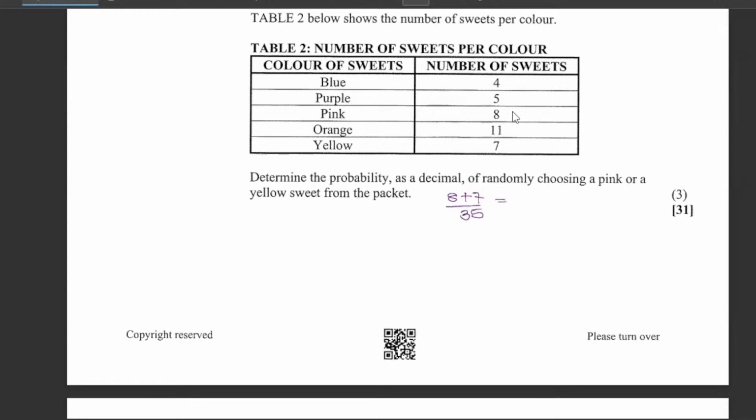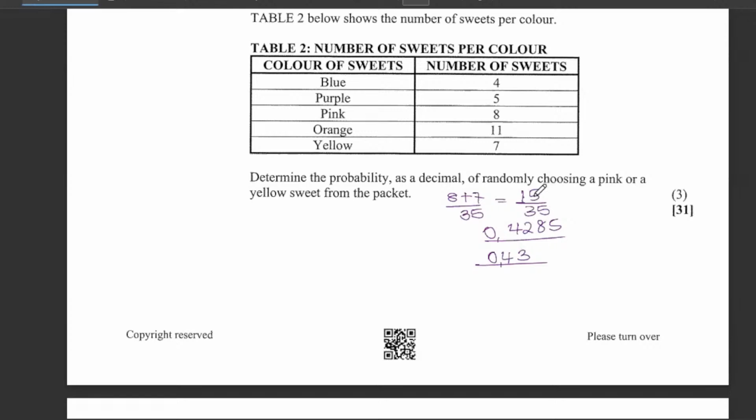This is 15 out of 35, which is 15 divided by 35, 3 out of 7 as a decimal to be 0.4285. But we usually round off to two decimal places, it becomes 0.43.